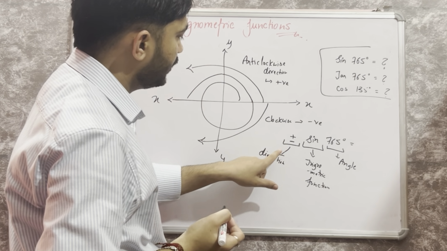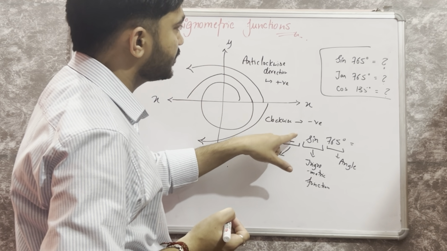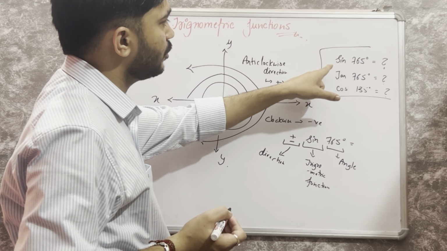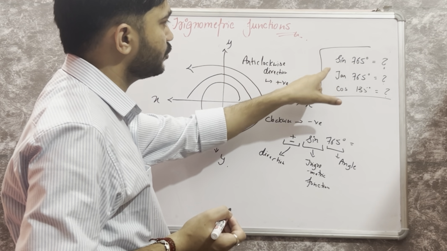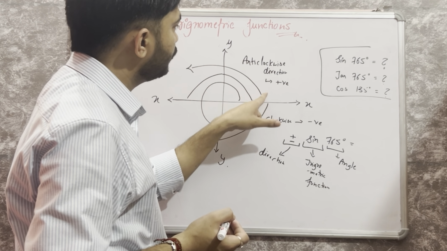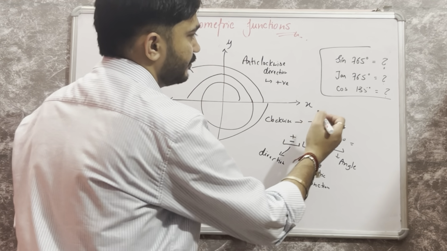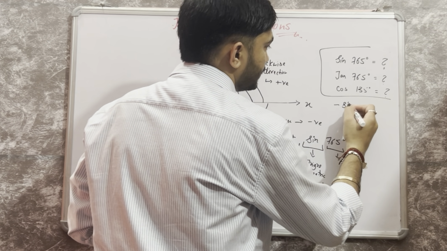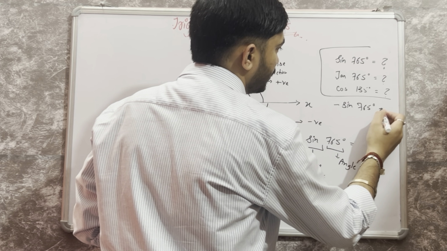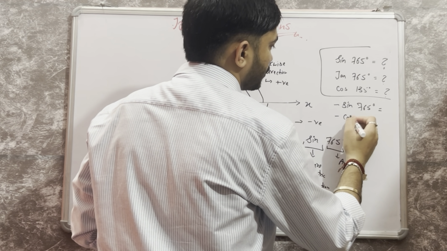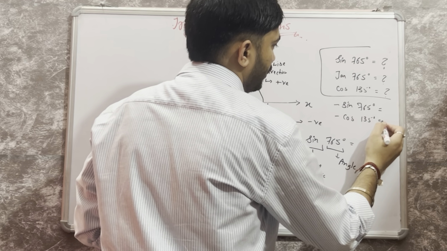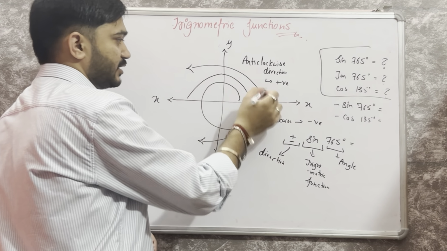So here directions mean if the sign is positive, as in all these three cases the sign is positive, then we are going to move in anti-clockwise direction. If the sign is negative, like minus sine 765 degree or minus cos 135 degree, we are going to move in clockwise direction.